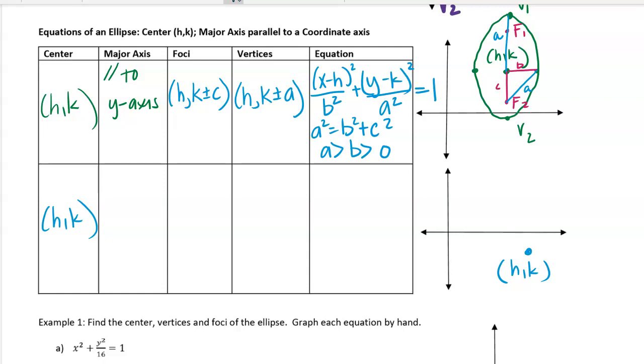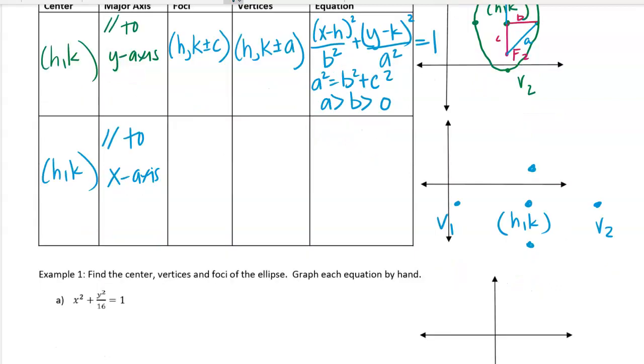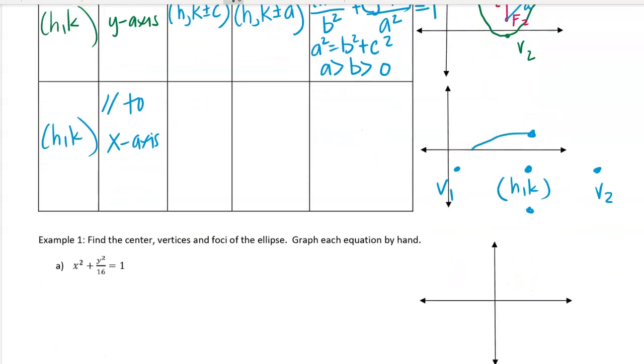And this one, we're going to say that the major axis is going to be parallel to the x-axis. So my vertices will be here and here. Okay, so I'm going to go up a little bit to draw. All right. Focus 1, let's just say it's over here somewhere. Focus 2, it's over here.